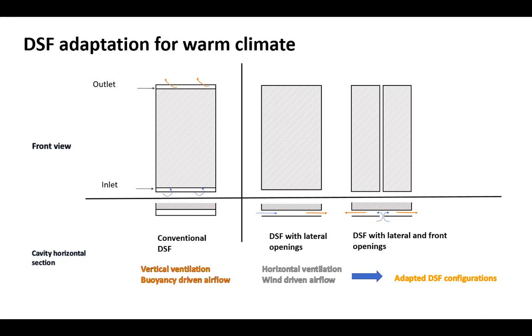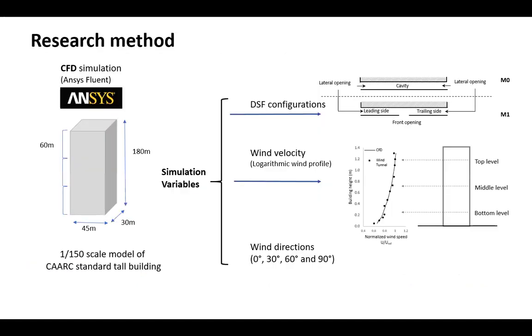These two configurations with lateral opening and lateral and front opening can increase airflow rate and wind-driven airflow into the building cavity. In this research, we are going to compare these two configurations' performance regarding ventilation in the cavity.